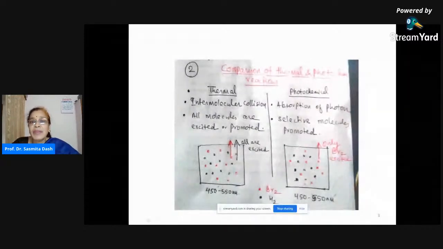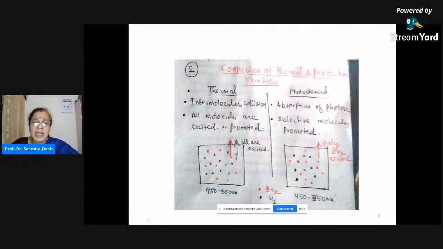So basically, the difference between the two is that thermal reactions are caused by intermolecular collision, and photochemical reactions are caused by absorption of photons. Here, all the molecules are excited after getting heat. There is a small correction here. This should be heated, and all the molecules will be excited or promoted. And in this case, only selective molecules will be excited according to our choice. One fine example is a mixture of hydrogen and bromine gas.